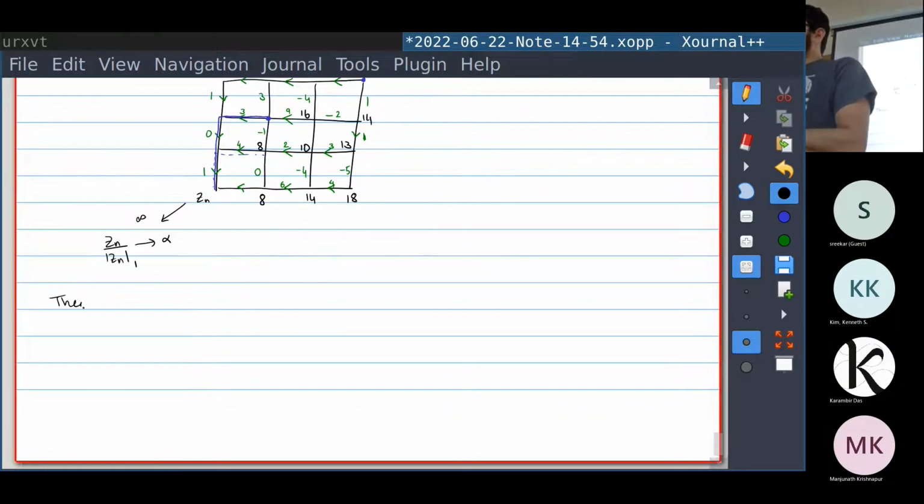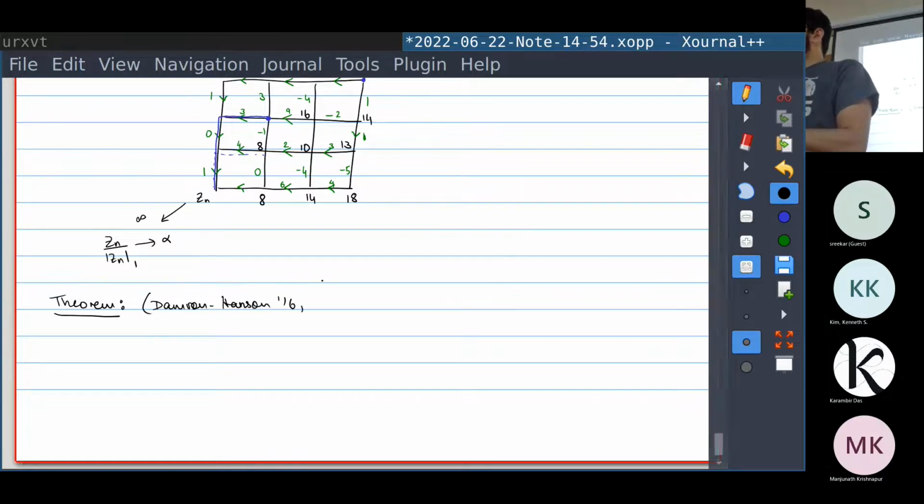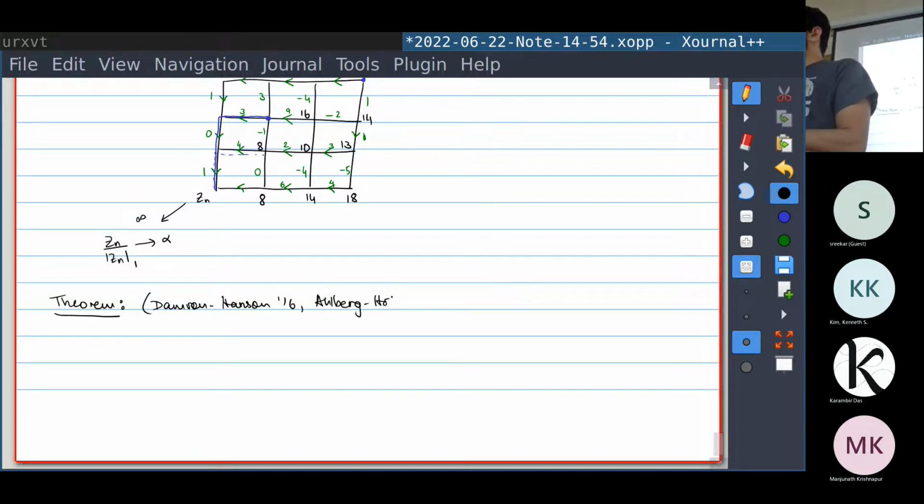So there's a theorem that says the following. This is due to Damron and Hanson in '16 and Ahlberg and Hoffman.